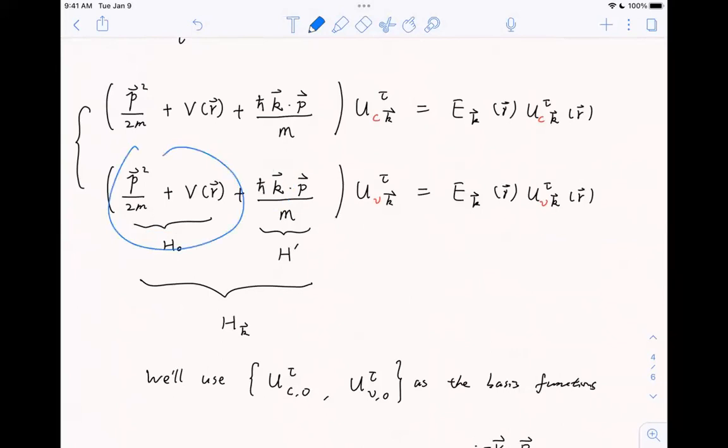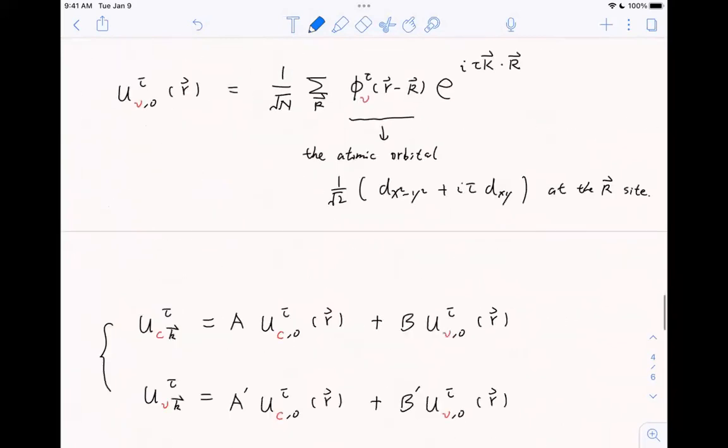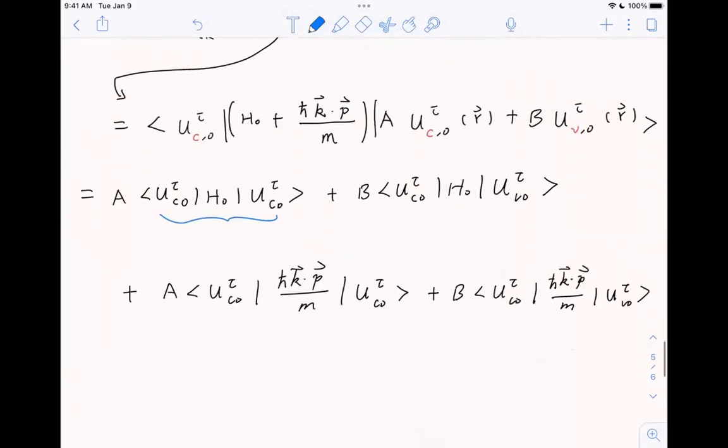So when this applies on this at K equal to 0, you just get the energy. So what is this energy? This is just the energy of the conduction band at the K point. And we just set it to be delta over 2, half of the band gap. Delta means the size of the band gap.